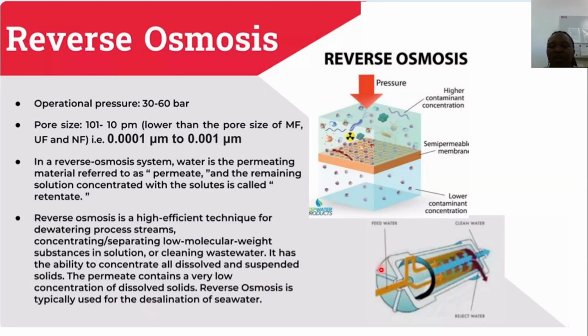You feed the water into this system, and you are able to get clean water. Once you apply pressure, you have very high contamination within this solution. Then through the semi-permeable membrane, you pass the water as the main permeate substance.